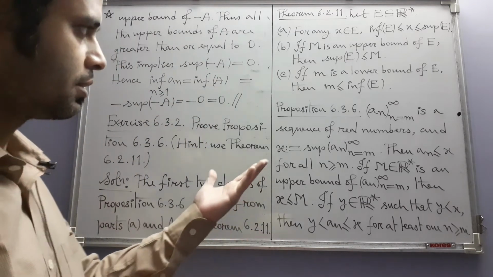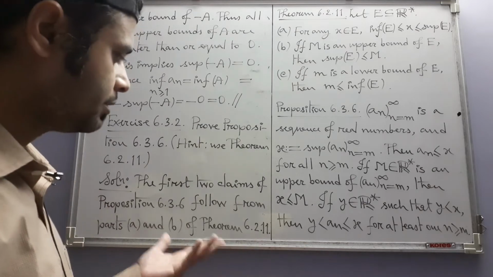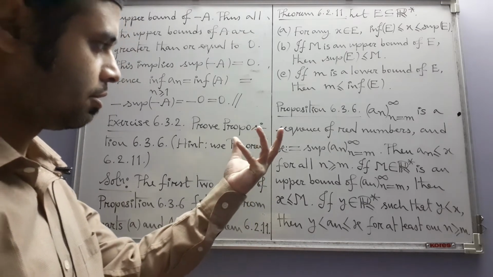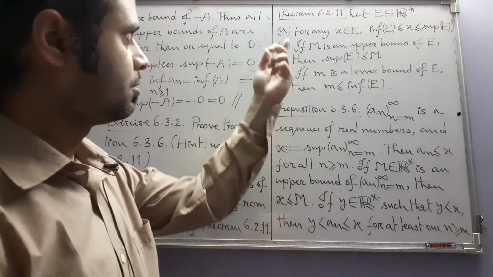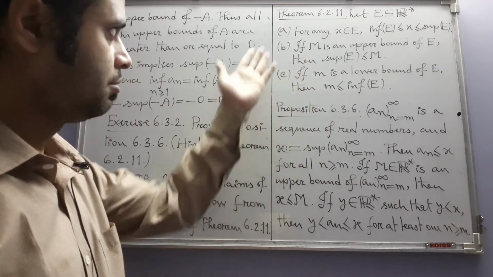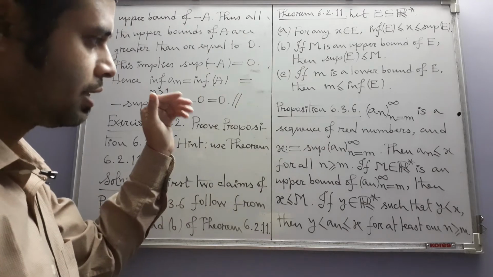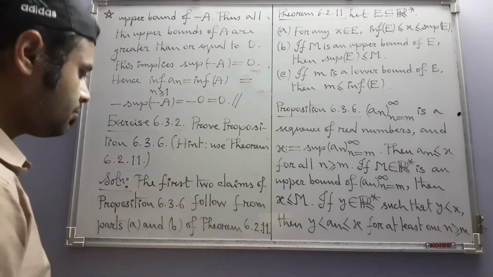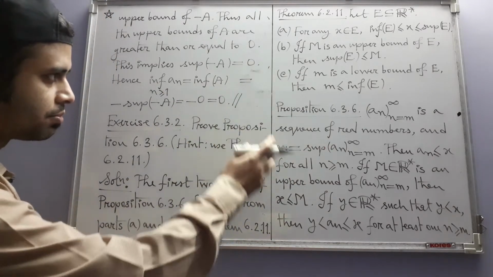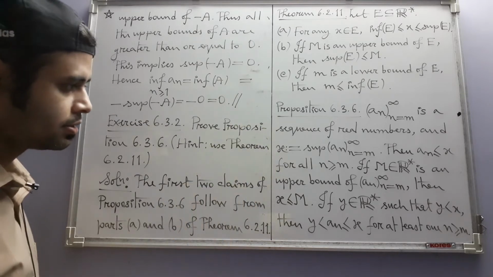Okay, which is direct. You don't have to do anything else. You just look at these statements, look at what is being used from this theorem to conclude them, and you can directly conclude them. Okay, so this half of this proposition is over.